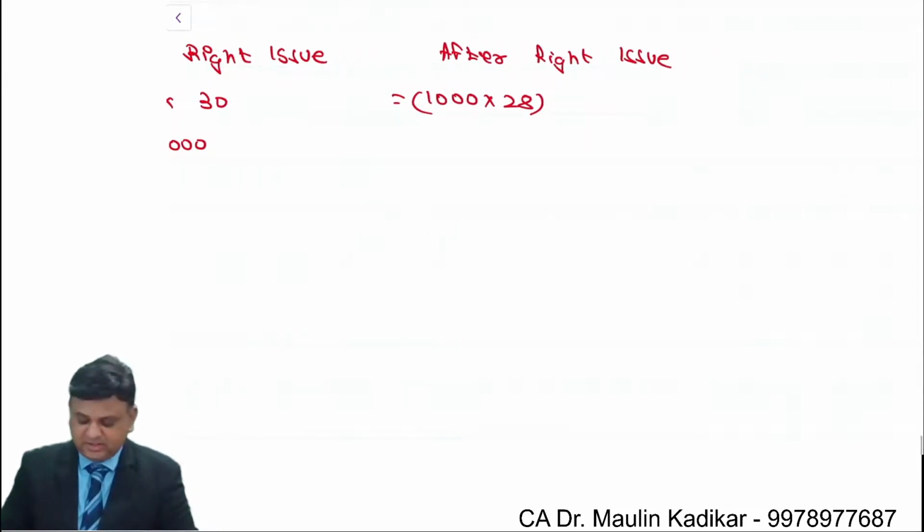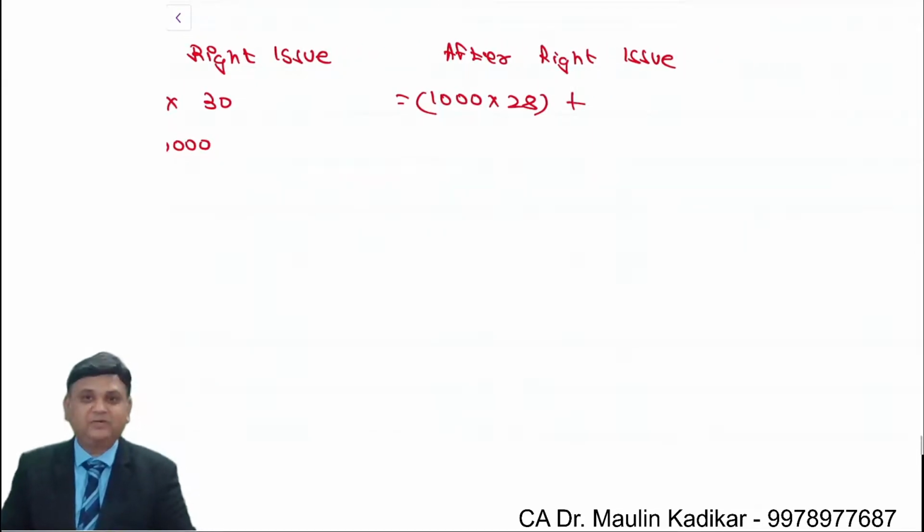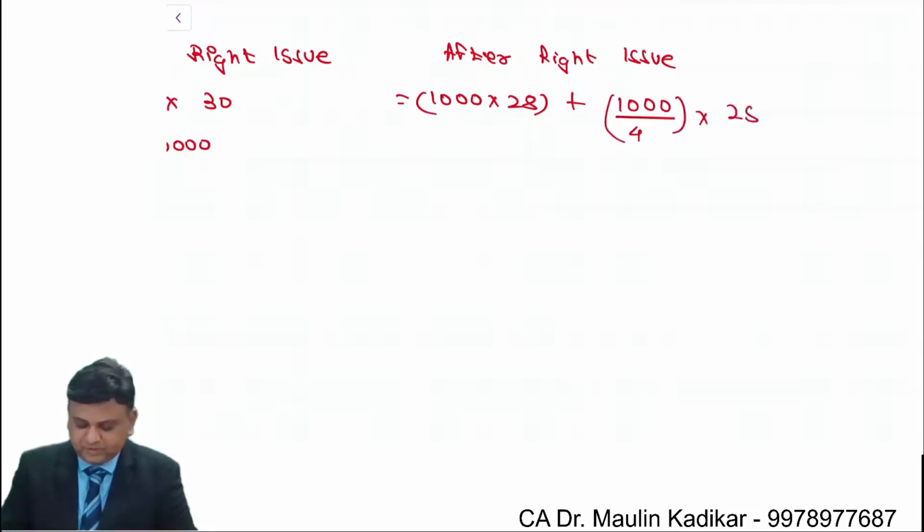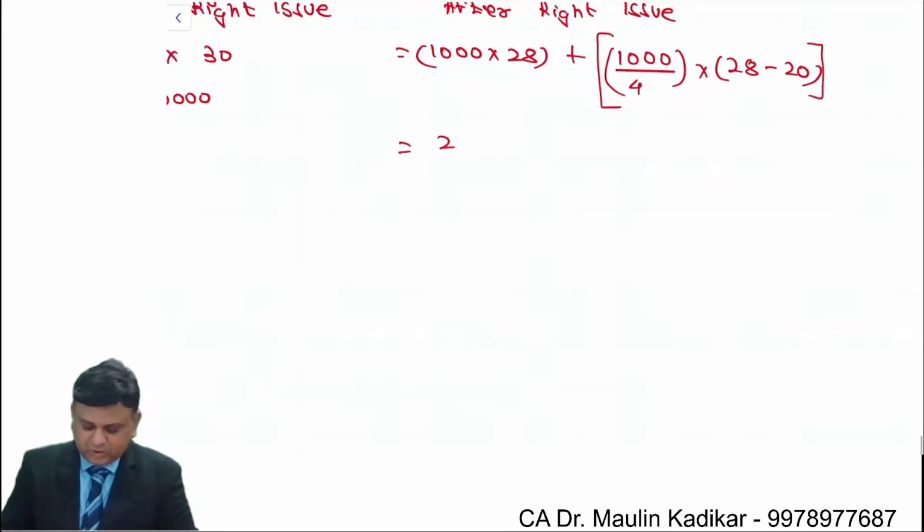However, in that case you will have a certain amount in the form of funds. Why? Because you have renounced your right to apply for the shares in somebody's favor. So 1000 divided by 4 into 28 minus 20. So it is 28,000 plus 250 shares into 8.